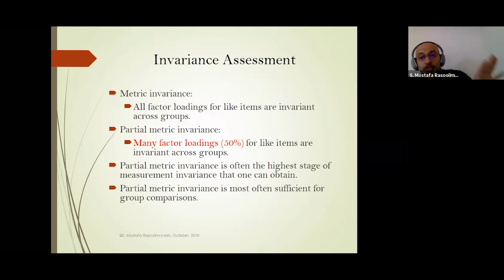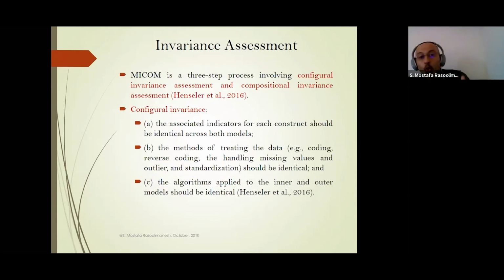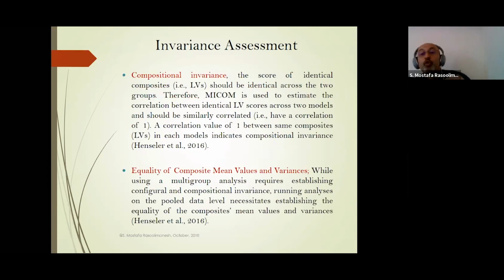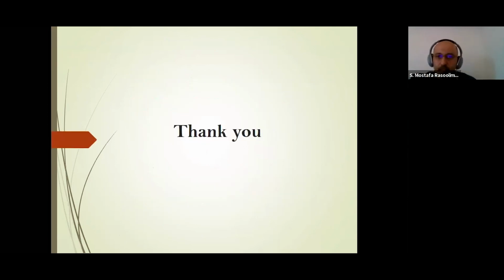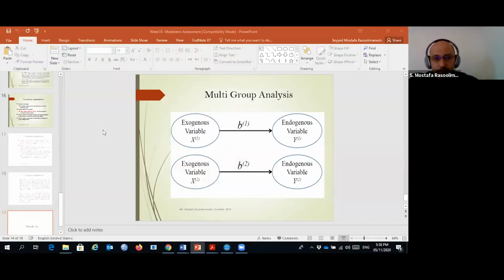So with partial measurement invariance, we can go for MGA. Or we need to apply MECOM. In MECOM, we have to pass step 1 and step 2 for partial measurement invariance. But step 3 is for pooling data, not for MGA, right? Okay, let's go to the software and show you how. Any questions?